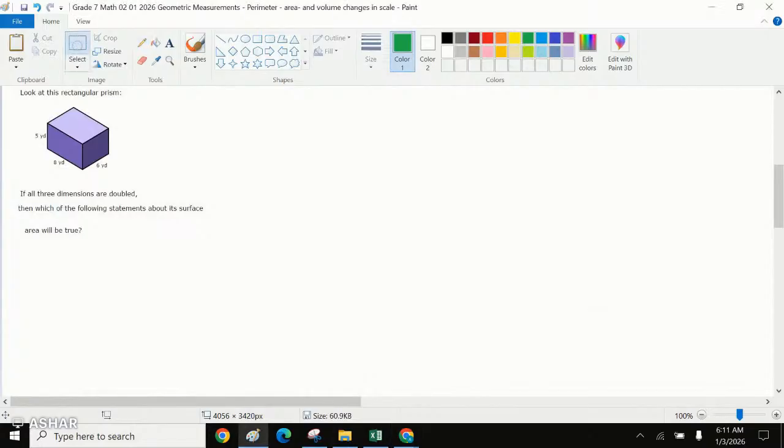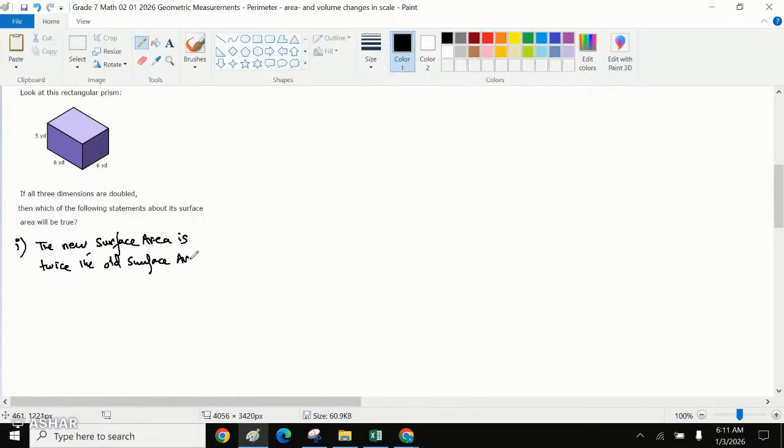Surface area. They're talking about the surface area. I'll just make 2 statements over here. Statement number 1, let's suppose option number 1 is given as: the new surface area is twice the old surface area.